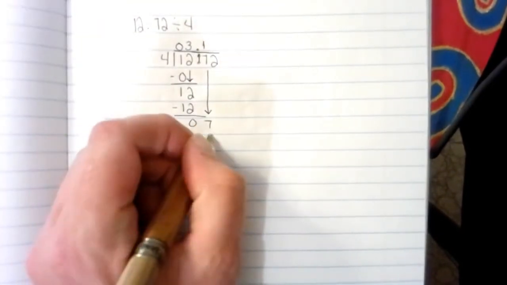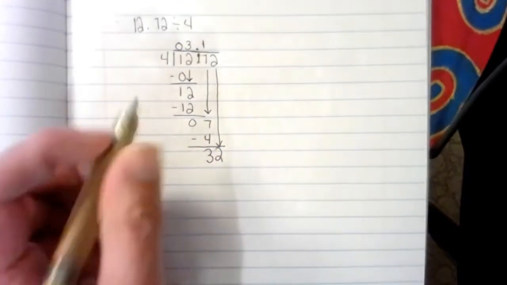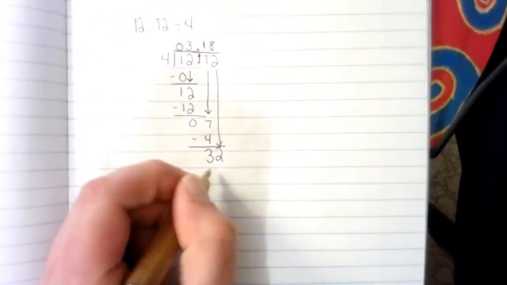Four can go into 7 1 time. And 4 can go into 32 8 times.